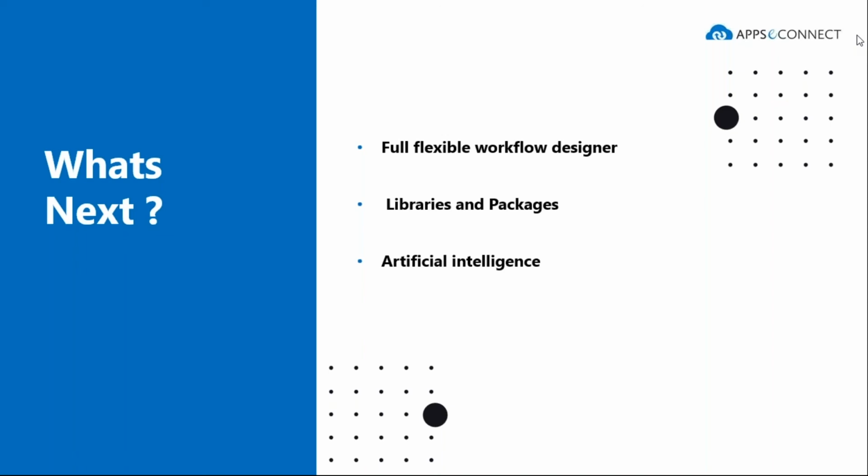So we allow the flexibility to create a package and publish that package into the marketplaces. We are also adding the element of artificial intelligence, because that is a buzz around all the products. So we are adding a lot of things around artificial intelligence, which you will be getting throughout the year.